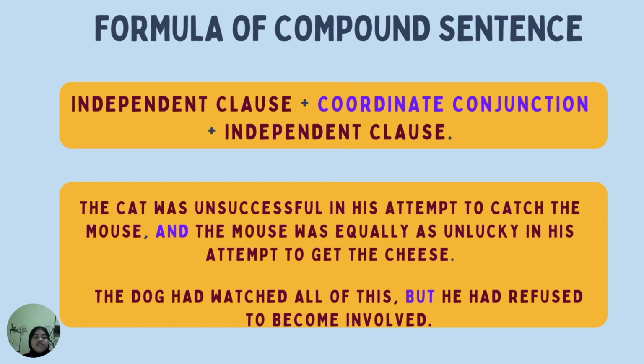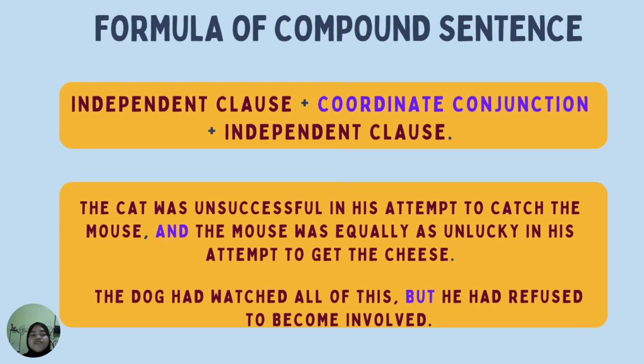In the first example, the first independent clause, the cat was unsuccessful in his attempt to catch the mouse, then followed by, don't forget to put a comma before the coordinate conjunction. And in this example, the conjunction and is used, followed by independent clause number 2.